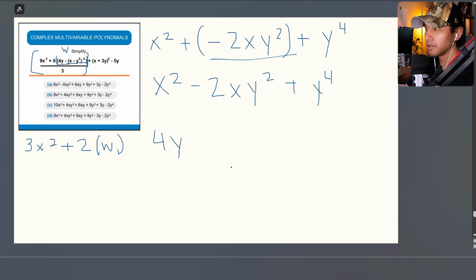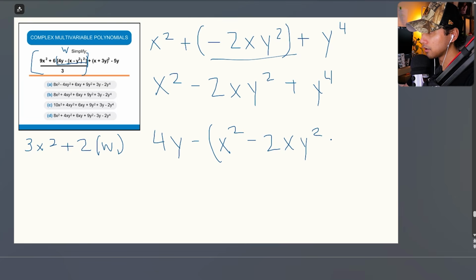4y minus all this that we worked out, right? And remember, when you have this negative here, treat it as a -1.